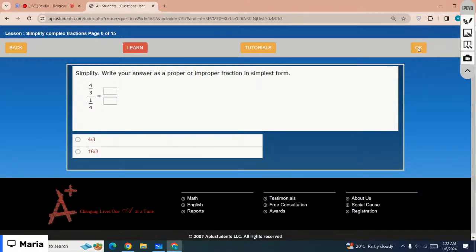Okay, the next one is simplify 4 over 3 divided by 1 over 4. So which is the correct option?